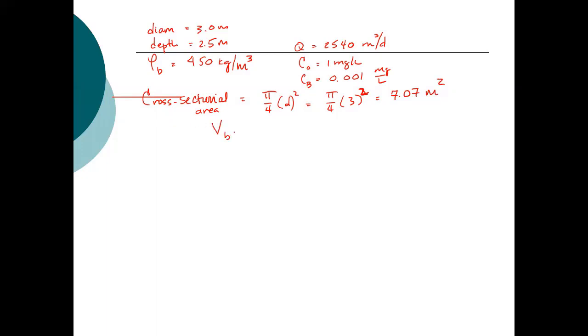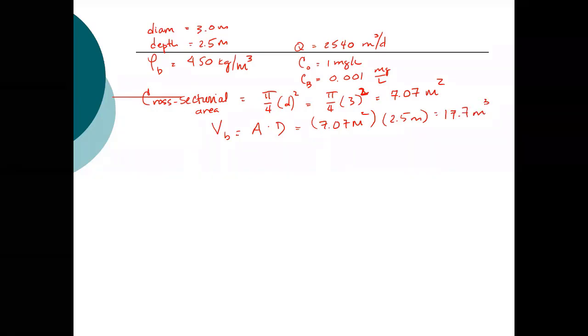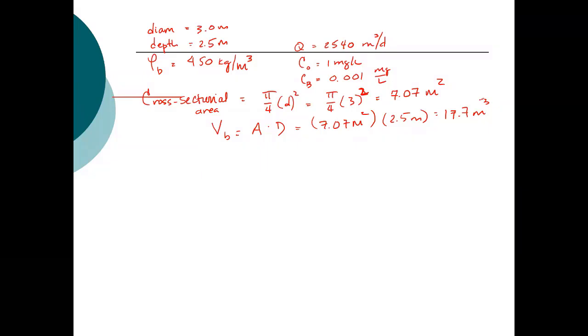The volume of carbon in this bed, or the volume really of bed is what it is, is equal to the area times the depth, and that is 7.07 meters squared times 2.5 meters. And so this is the volume in my column. So here's my column.